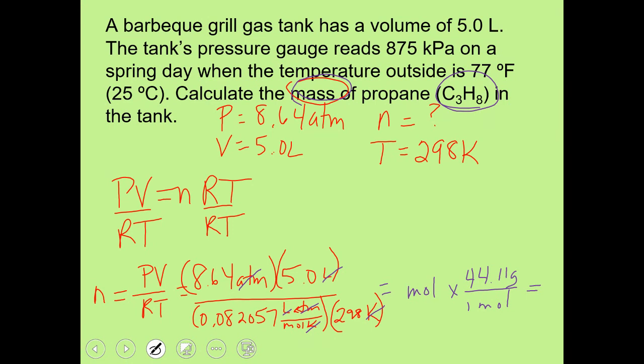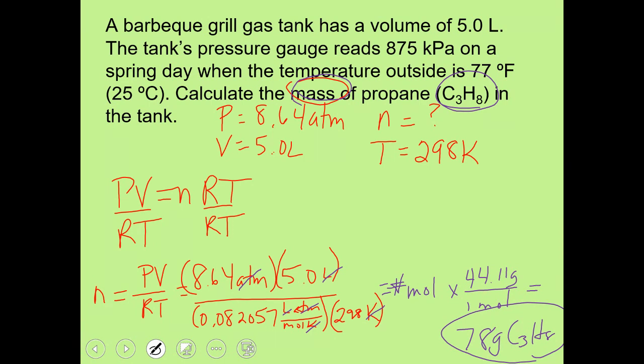And so you want to take the moles that you got and you want to multiply by that number. And hold on. I got 77.9, which now I am going to round off to 2 sig figs. I would just say 78 grams of propane in that tank. Okay. So whatever number you get for the moles, you just convert it using the molar mass.